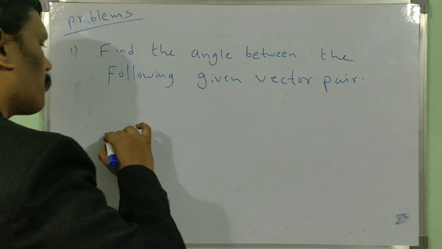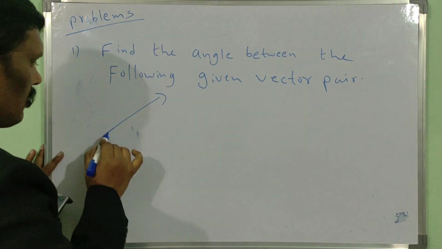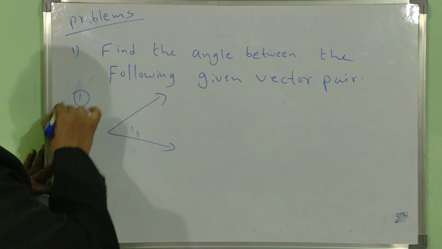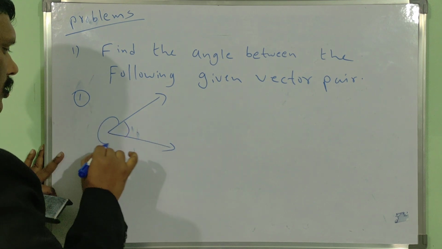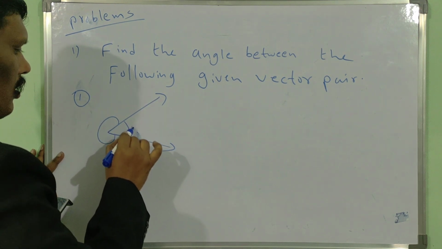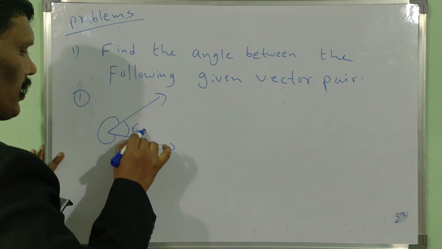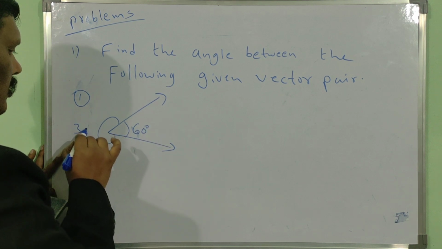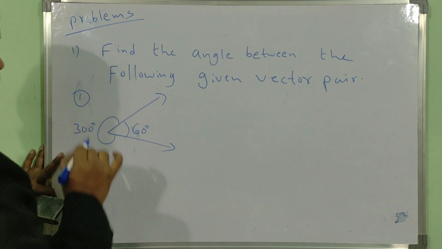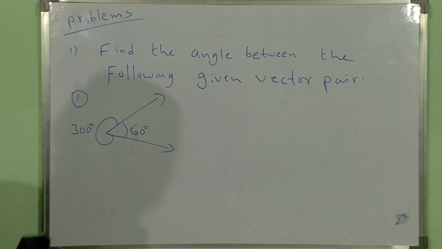Let us see. I am going to consider this as one vector and this as another vector. First one: here I am going to consider 60 degrees, here I am going to consider 300 degrees. Which one is the angle between the two vectors?